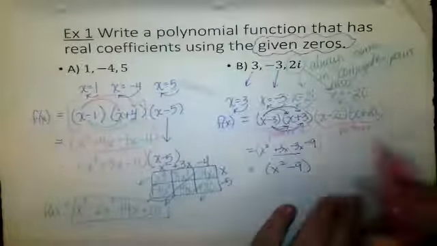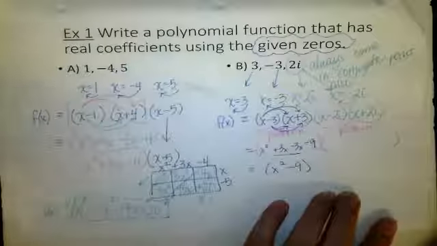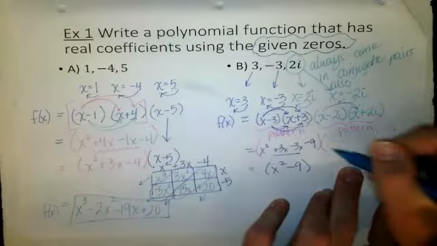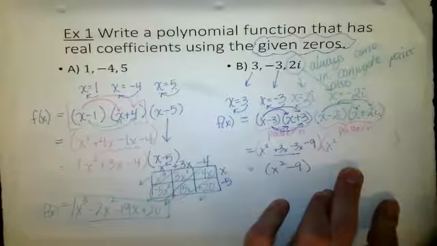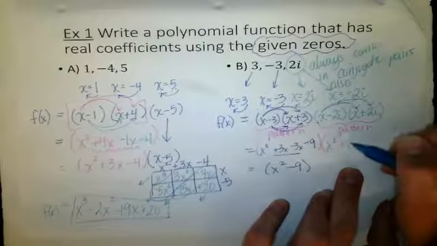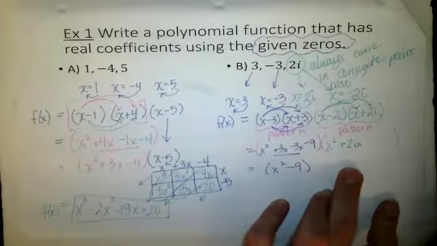All right, same thing with the back end here. Going to multiply my pattern together. x times x is x squared. x times 2i. What's that? Weird, right? 2ix is one way you could write it.